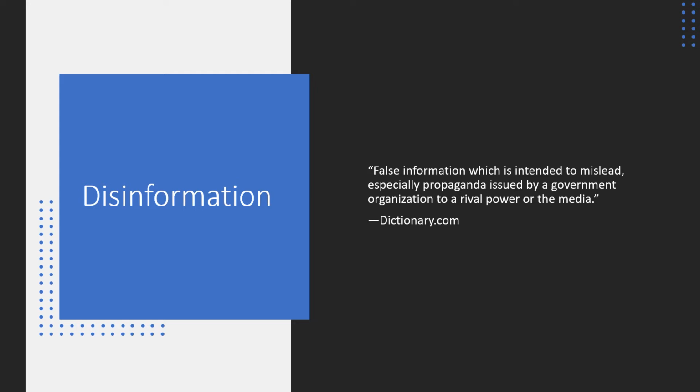This definition doesn't differ wildly from fake news, but the key element here is that generally disinformation comes from a foreign government to a rival power. But again, who creates the information? They know that it is false information, and there's a particular motive there. So really trying to mislead, discredit, etc.